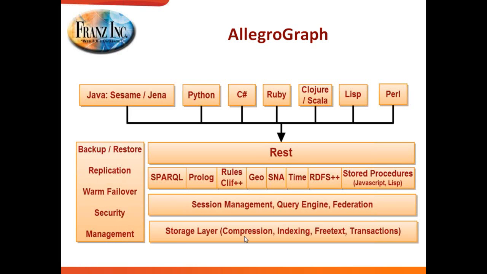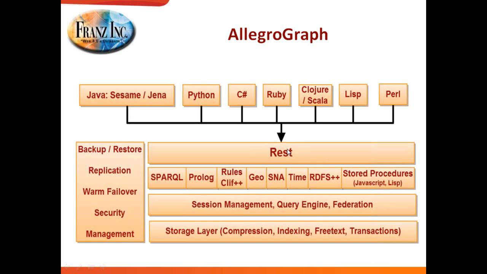So we have our normal lower layer of database technology, and on top a whole range of technologies: SPARQL, Prolog, Common Logic. We do geospatial reasoning, social network analysis, temporal reasoning. We have an RDFS++ or an OWL reasoner, and then it's fairly unique. We also have a facility for stored procedures, so we can run JavaScript inside the server, and I'm going to demo that today. And we can obviously run Lisp in the server.